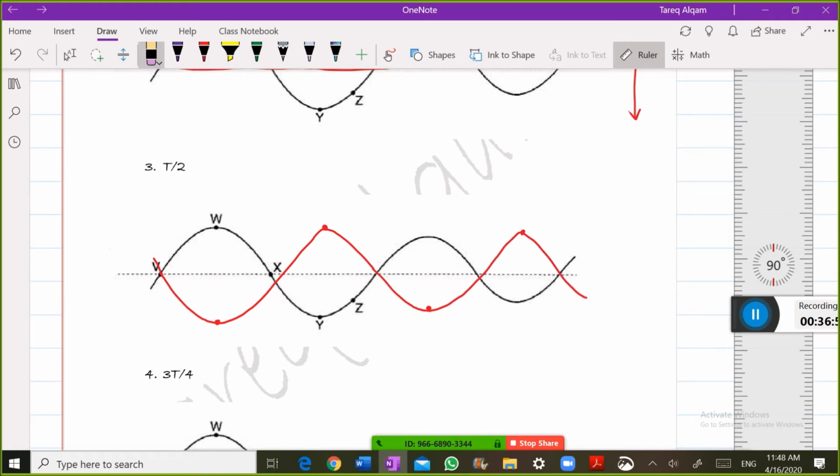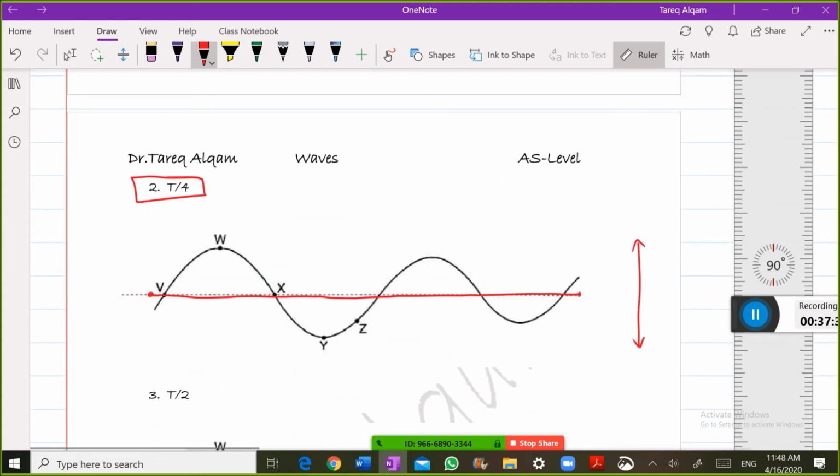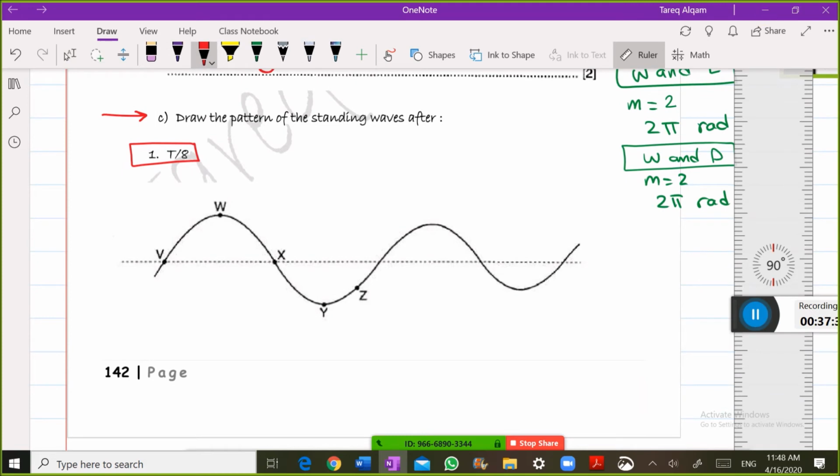After 3 quarters, it will return again to the equilibrium position. Okay, guys, after T over 8, it will be in this position, approximately the middle of this point.